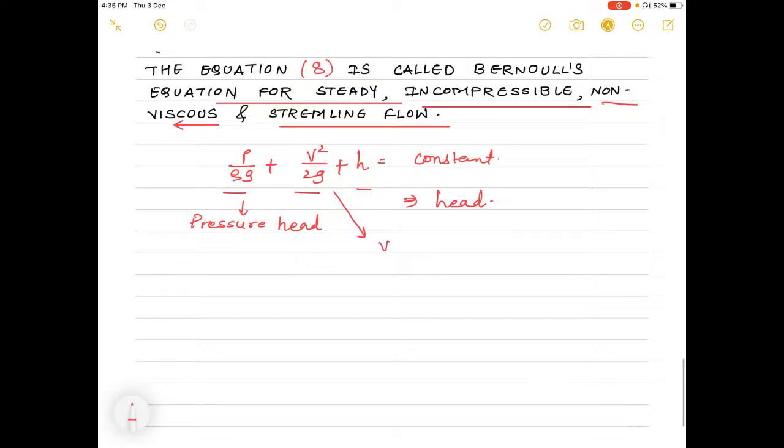The second term is known as the velocity head. The third term is known as the elevation head. It is the height.